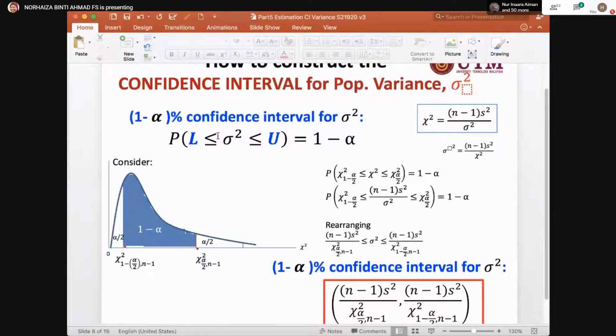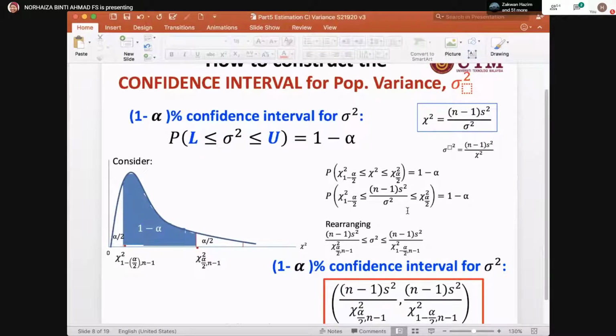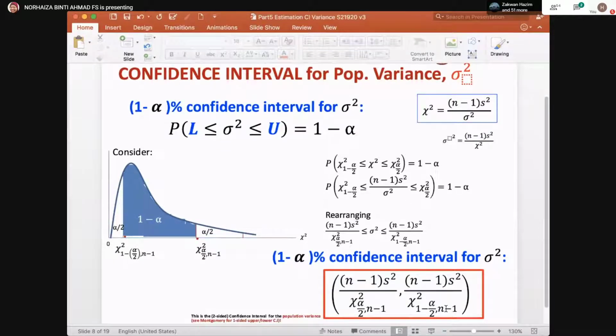So I will aim to have this sigma squared here. So what I do is I just replace this chi-squared, which is n minus 1 s squared over sigma squared. I manipulate this so that sigma squared will be the numerator. So in the end, I will have this formula here. So this formula is essentially my confidence interval.